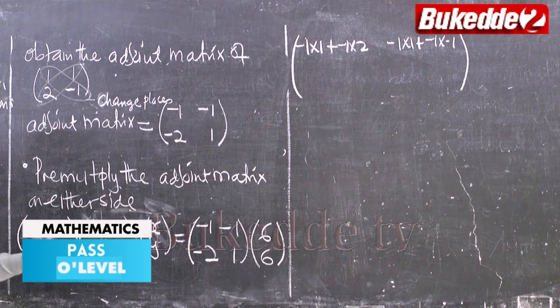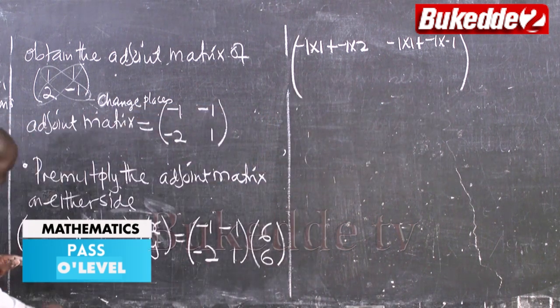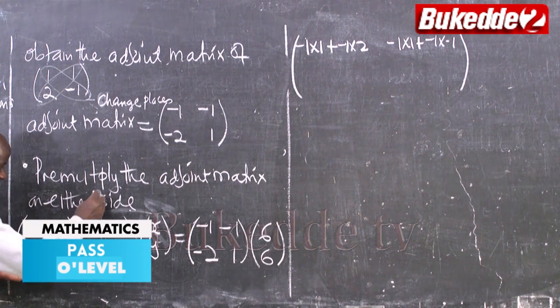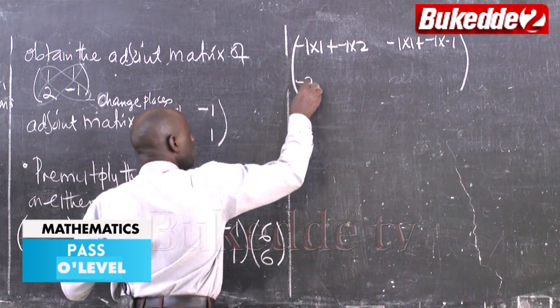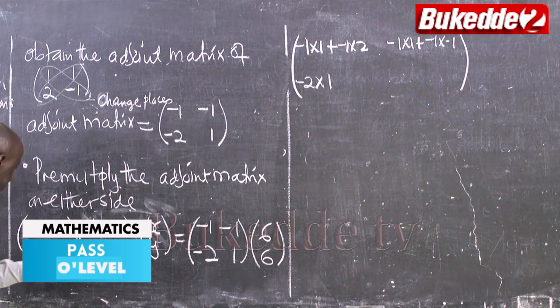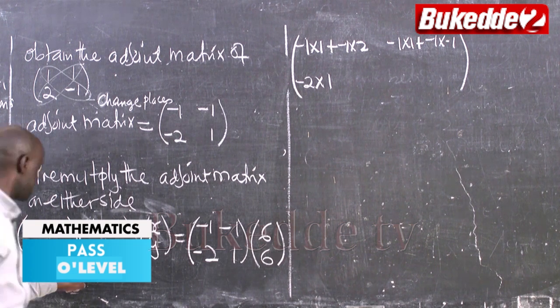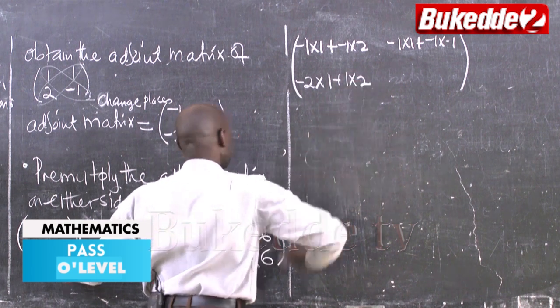Next, to get the entry here and here, we are going to use the second row and the first column, where we are going to have negative 2 times 1. This multiplying that. Then this multiplying that. Plus 1 times 2.